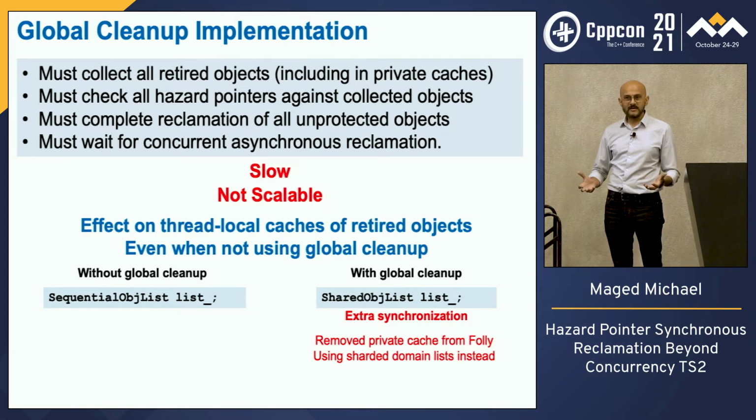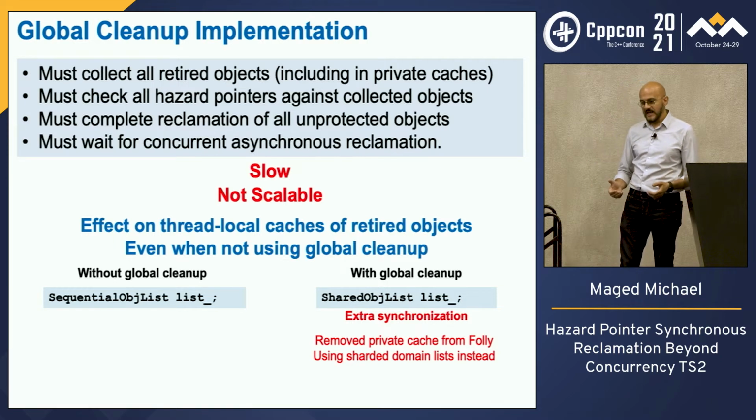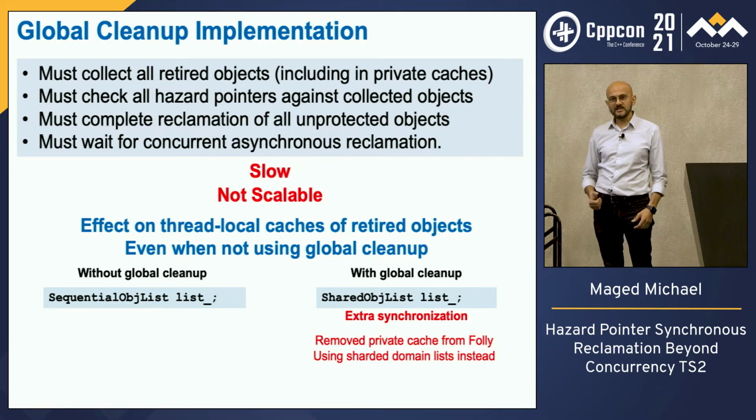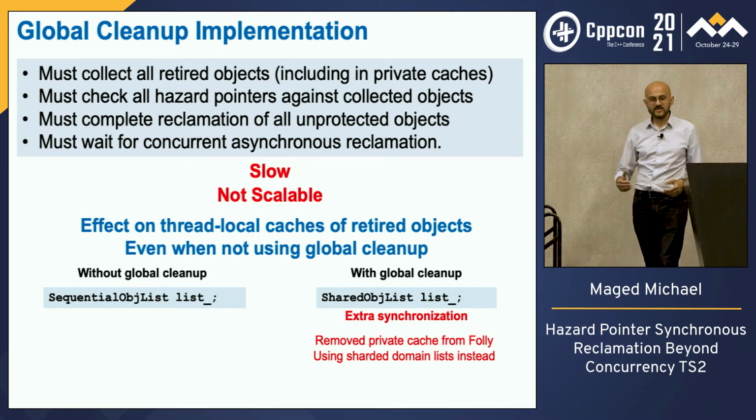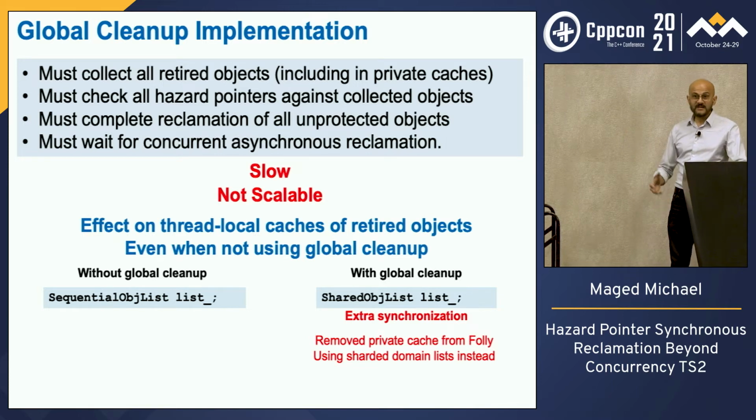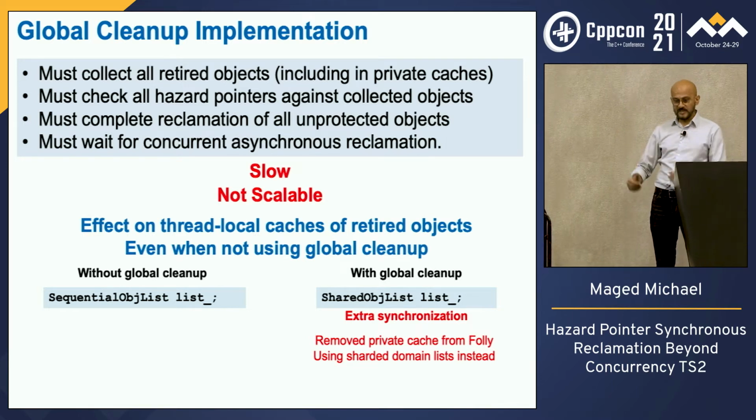Recently I removed that capability from the Folly library, because we support sharded lists in the domain, so it's the same synchronization without the extra headache. That's a downside of supporting that.